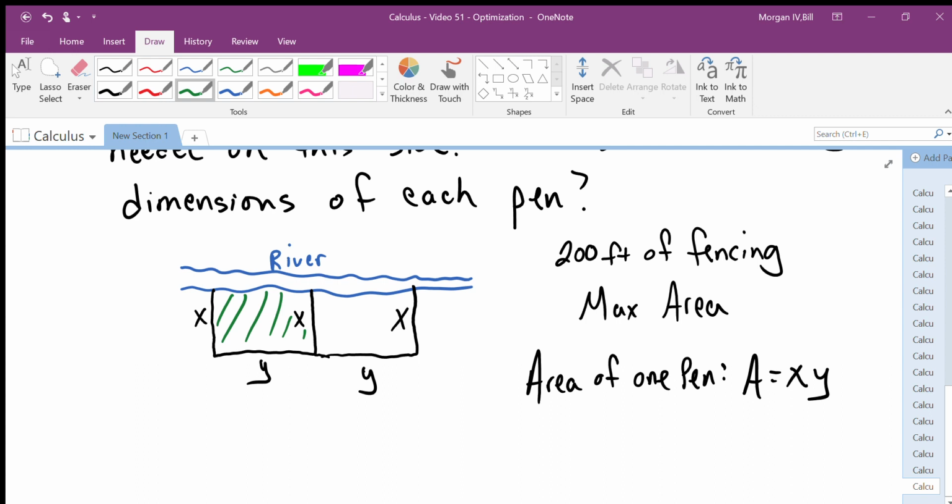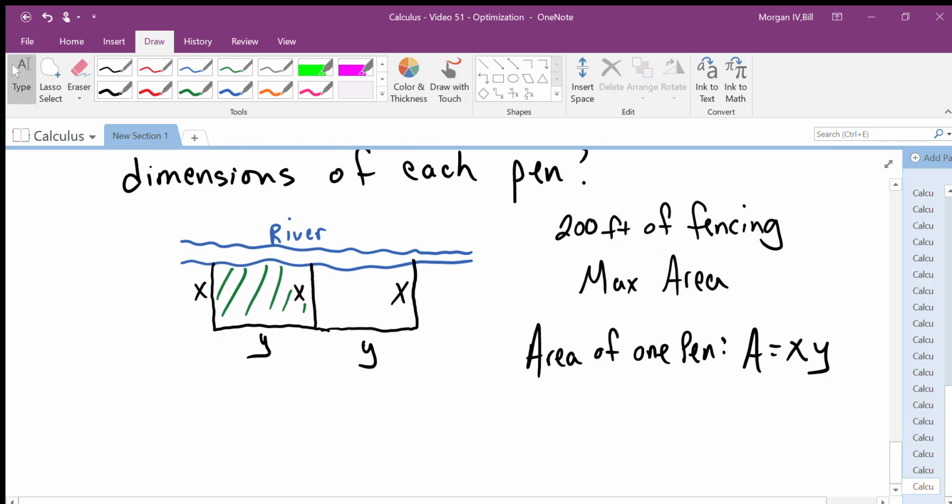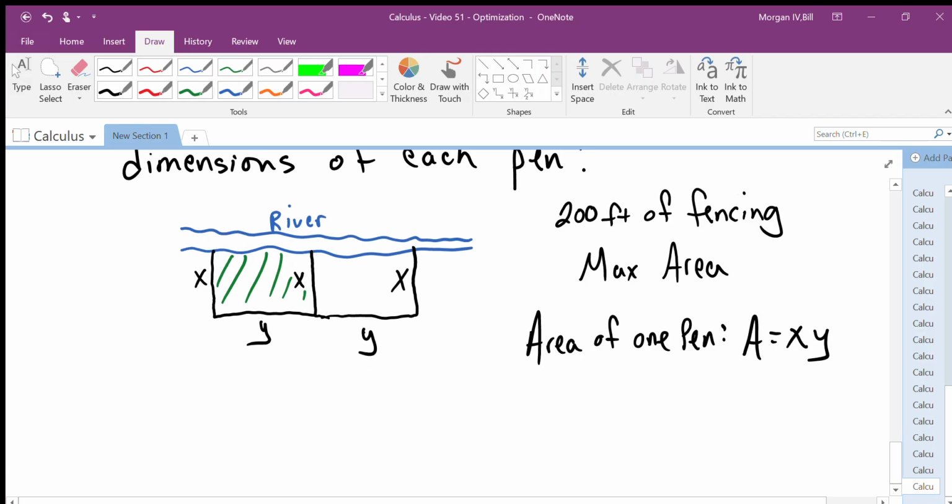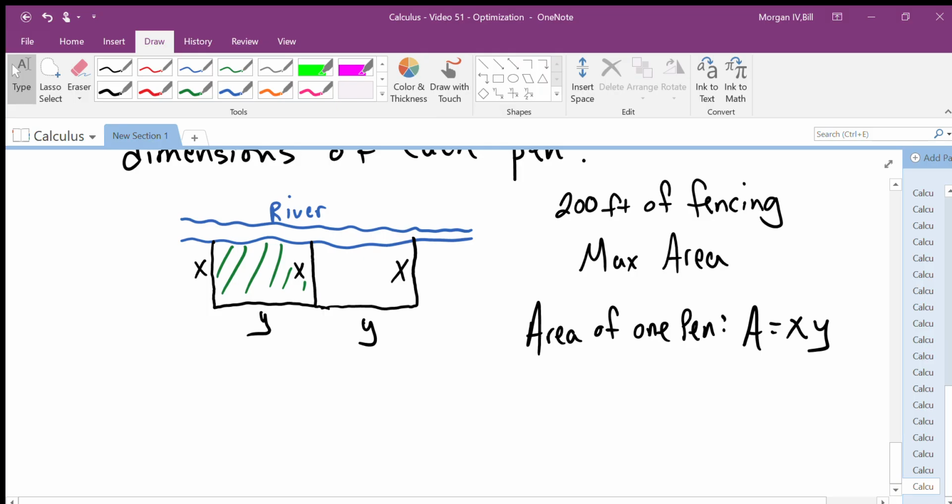Again, we have A is equal to X times Y. I have 2 variables over here, X times Y. So what I want to do is make that just one variable. And the constraint that we have is we only have 200 feet of fencing. All right, so the fencing that we're creating is 200 feet. We'd like to use all 200 feet if possible. And so our secondary equation that we can relate X and Y to is that the total fencing used is 200.